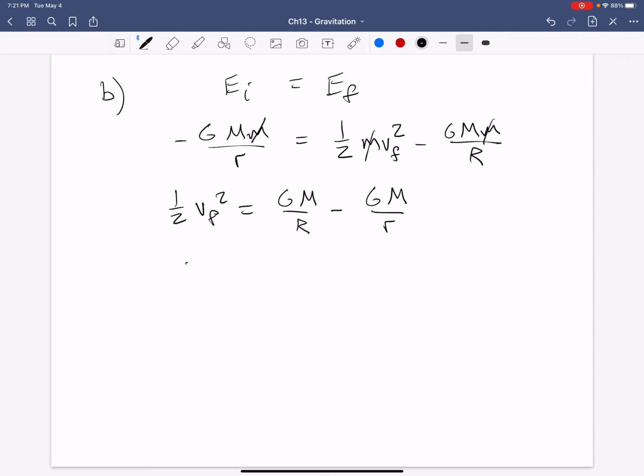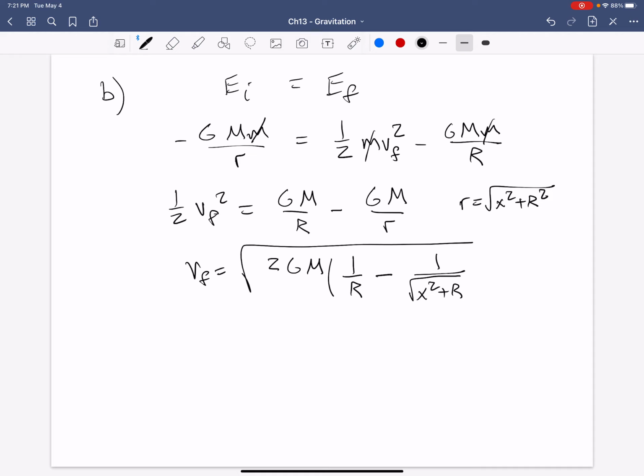So v final is then, factoring out the G and the mass, 1 over capital R minus 1 over lowercase r, again remembering that lowercase r was the square root of x squared plus capital R squared. Remember to square root the entire thing because the speed was squared.